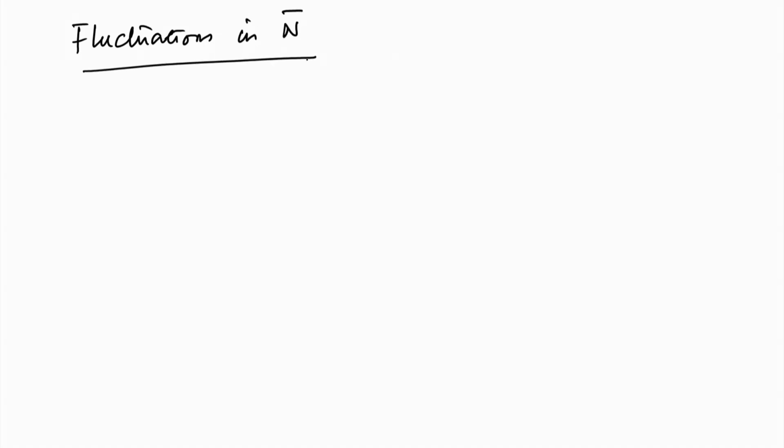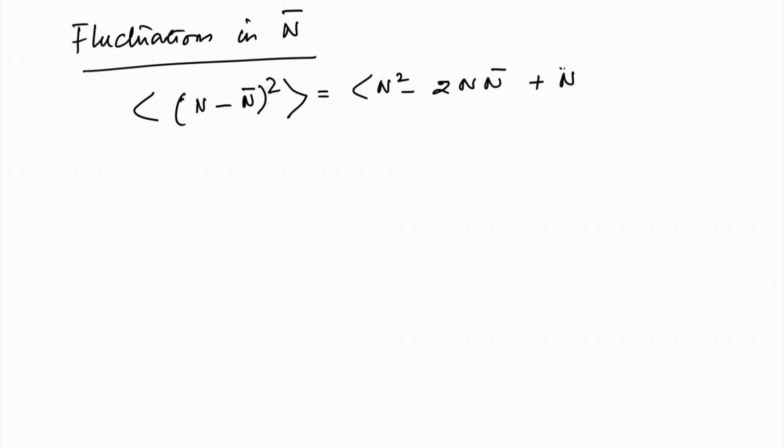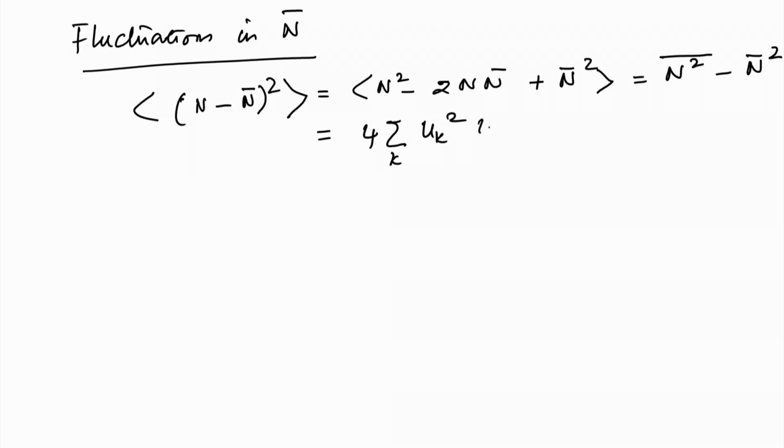That is given by ⟨(n − n̄)²⟩, which is equal to ⟨n²⟩ − 2n̄⟨n⟩ + n̄², which is equal to ⟨n²⟩ − n̄². So, if you again repeat the same calculation and use the same logic to cancel out terms, this is given by 4 Σ_k |u_k|²|v_k|², and this is positive definite.